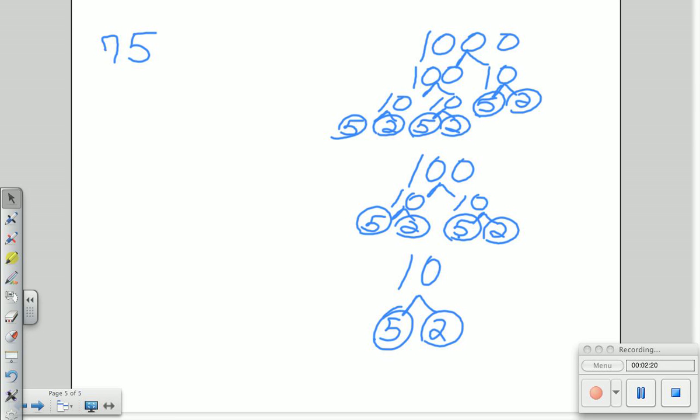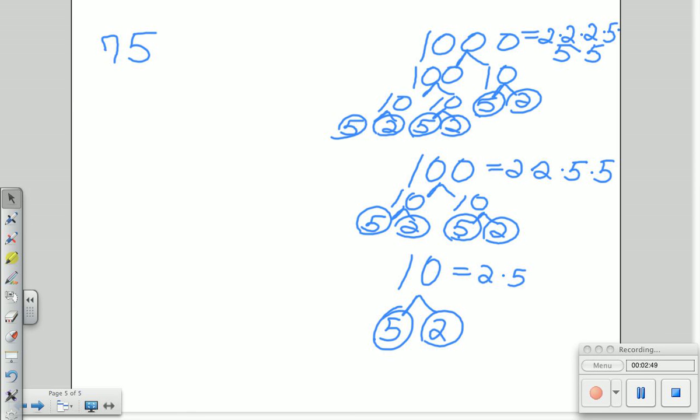The prime factorization for 10 is 2 times 5. The prime factorization for 100 is 2 times 2 times 5 times 5. The prime factorization for 1,000 would be 2 times 2 times 2 times 5 times 5 times 5.